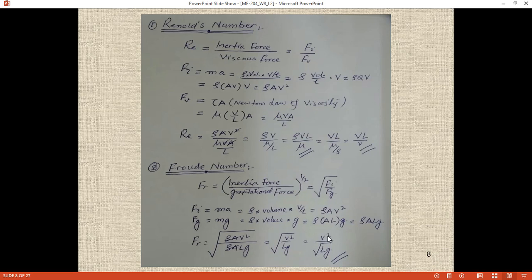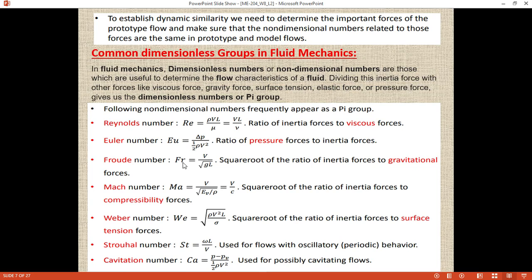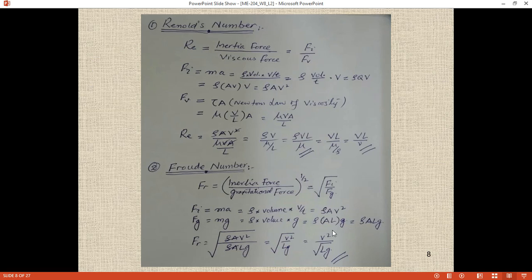So please make it correct, it's only V. So V over root L g. You can see here the Froude number is V over under root g L, same as what we have derived. This is not V squared, this is V, so V over under root L g.